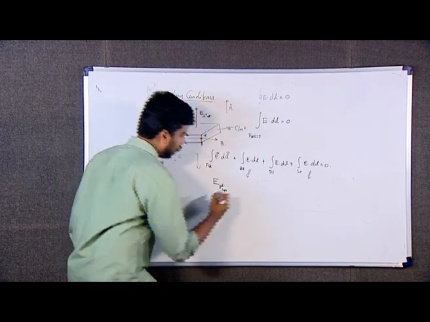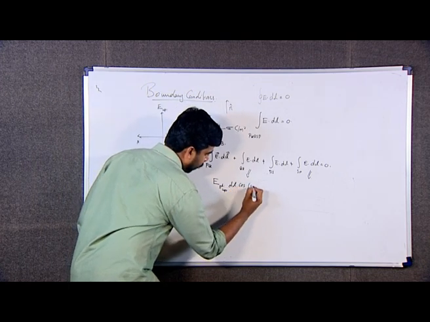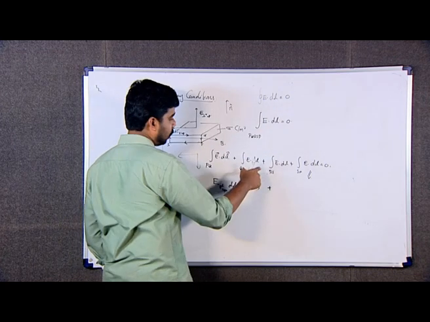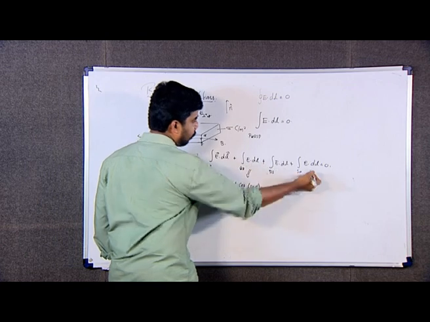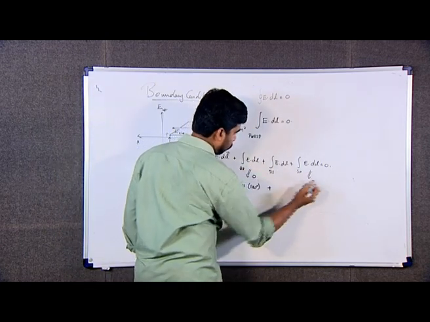So I can write it as dl cos 180 degree. The second and fourth integrals will become 0 because the thickness is very small, and this can be approximated to 0.